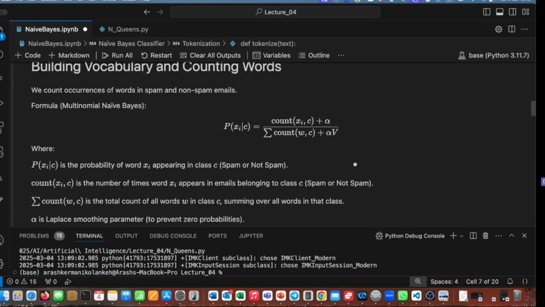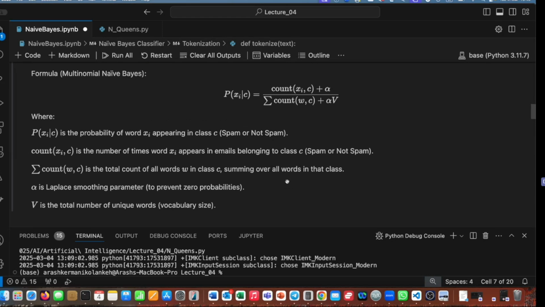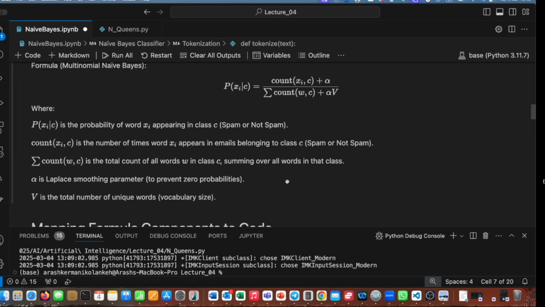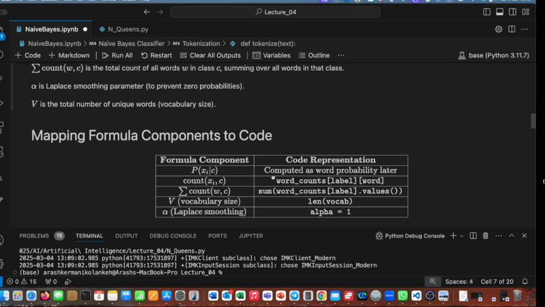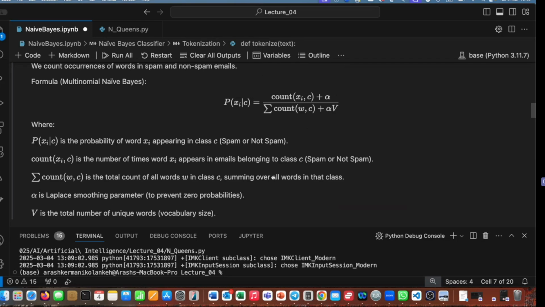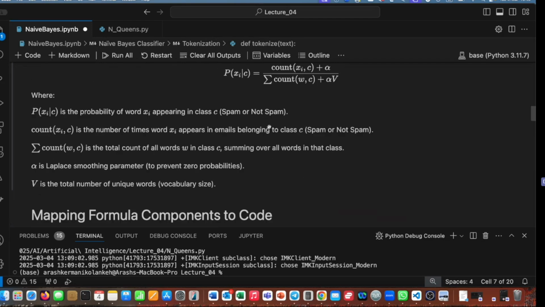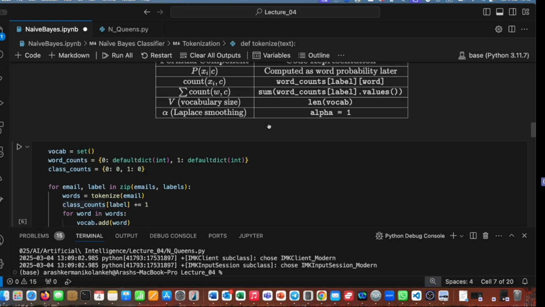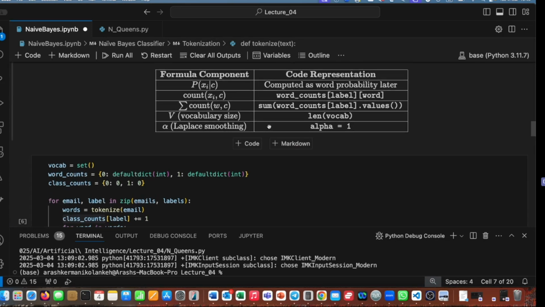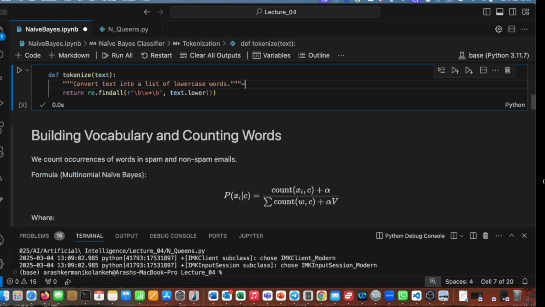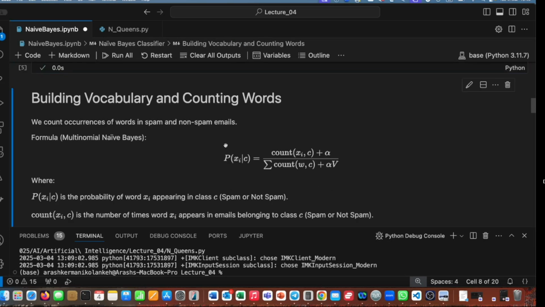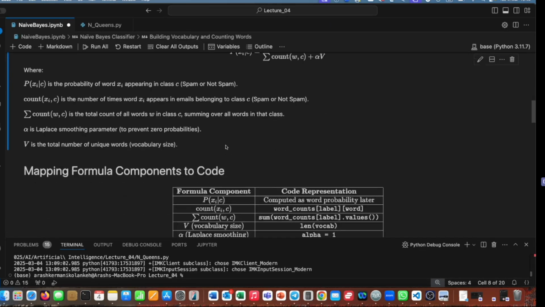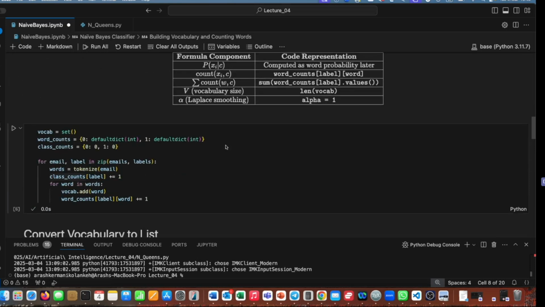So we know what this formula is, and then let's see how it is implemented. So I have this loop here.